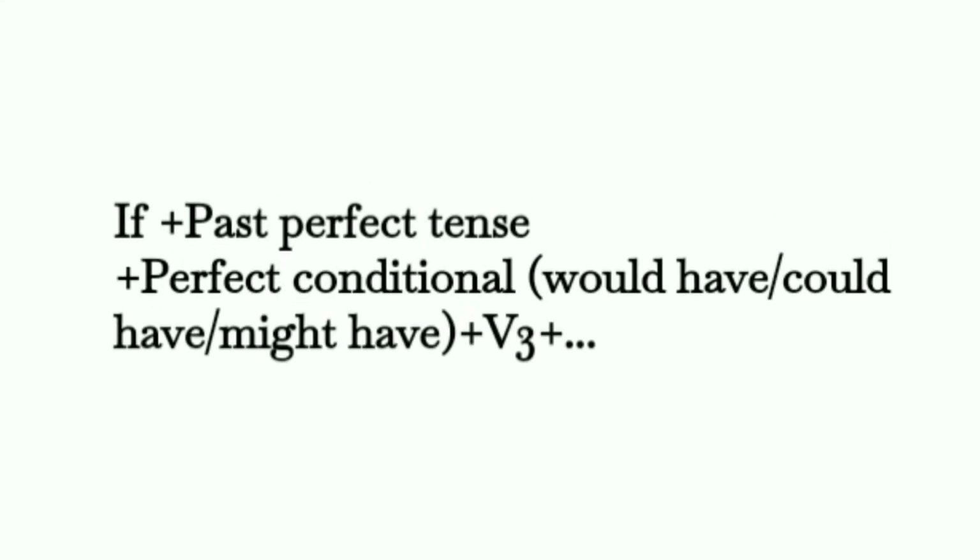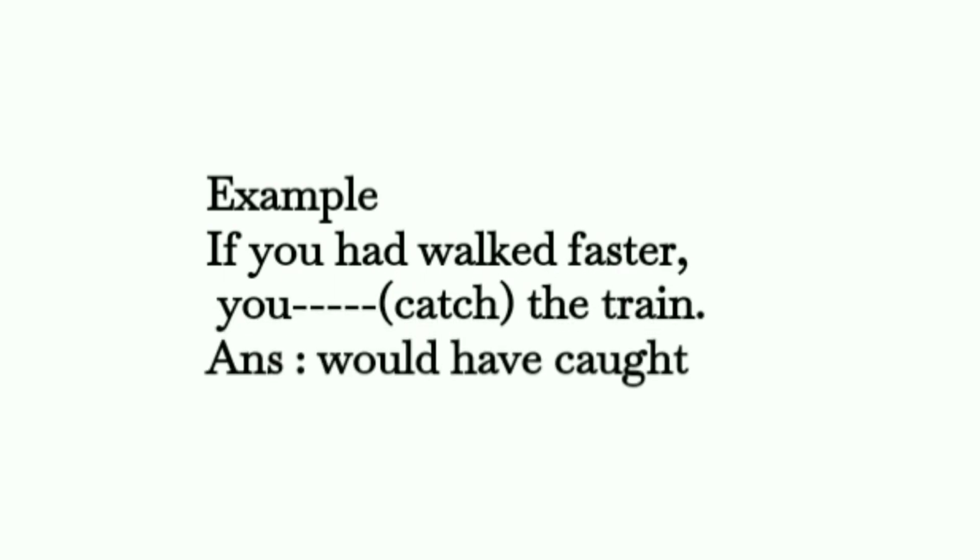Now we will learn the rule of third conditional. If plus past perfect tense plus perfect conditional. And the perfect conditionals are would have, could have, might have, and after a perfect conditional always you have to use the past participle form of the verb. For example, if you had walked faster, you catch the train.